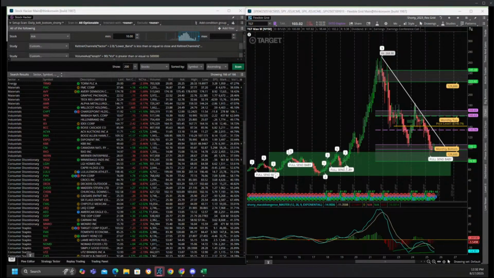I'm just looking at what options have some liquidity. One second, I'm missing something on my columns here. Okay, so open interest.